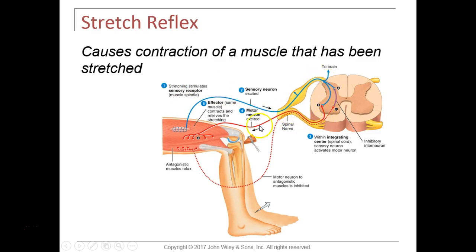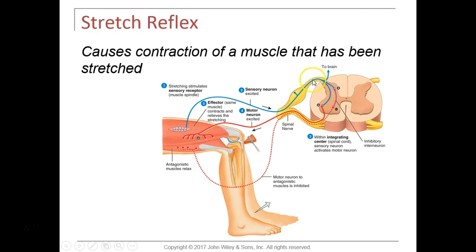However, in order to get an extension of the leg at the knee, we have to inhibit the hamstring group muscles, or what we call the antagonistic muscle group. We don't want them contracting because the leg's going to try and come back the other way. So at the same time, we have what's called reciprocal inhibition. And if you notice, the sensory neuron has another branch.